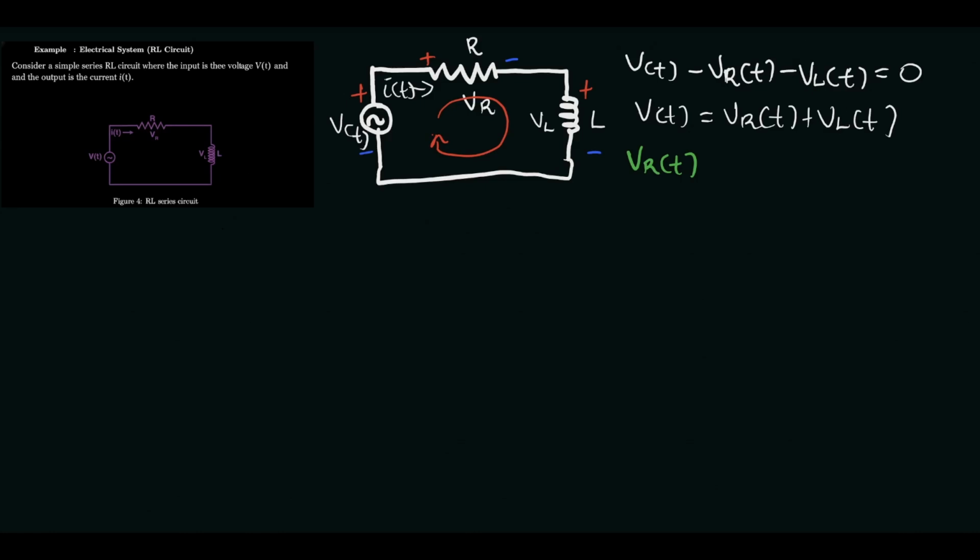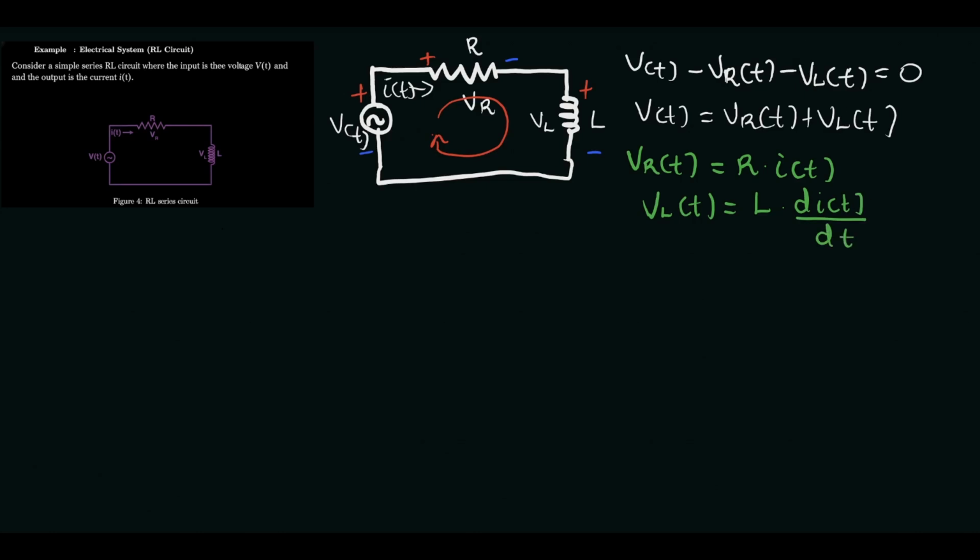The voltage of your resistor, from Ohm's law, V equals IR. That's vR(t) is equal to your resistor multiplied by your current. And the voltage across an inductor is equal to the value of your inductor multiplied by the differential of the current flowing through the inductor.